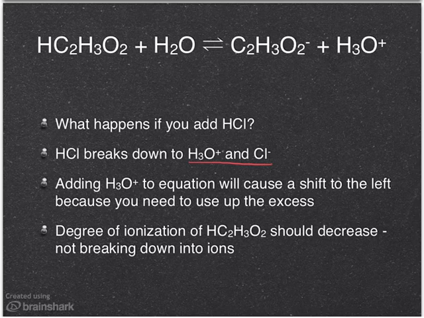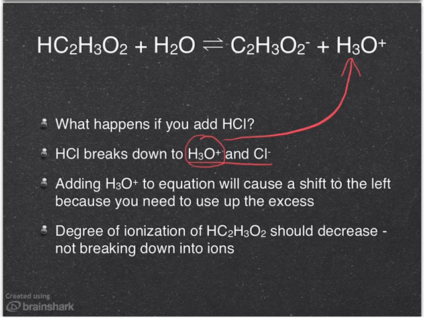Cl minus doesn't really have any effect on this because you don't have any other Cl within this ionization, but you do have the H3O plus, and that H3O plus is going to be added to the H3O plus that's already there.